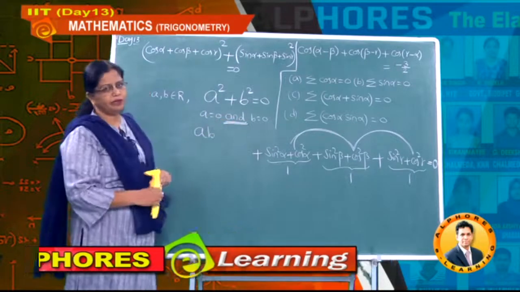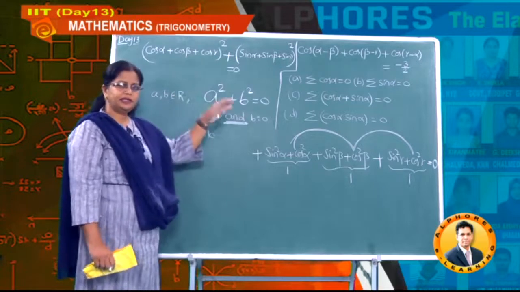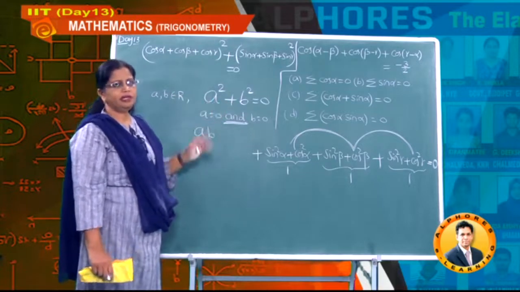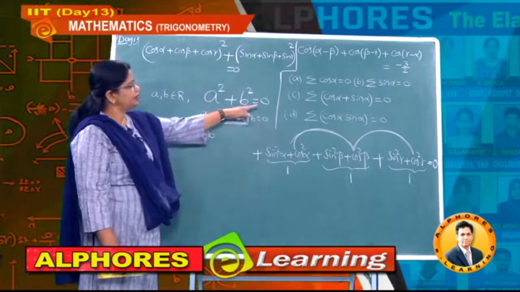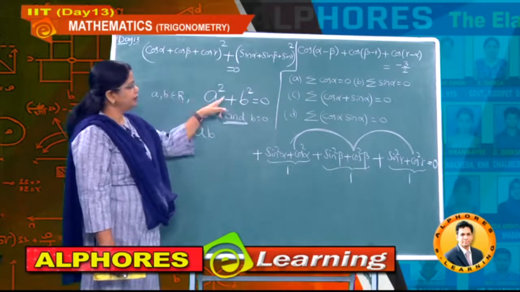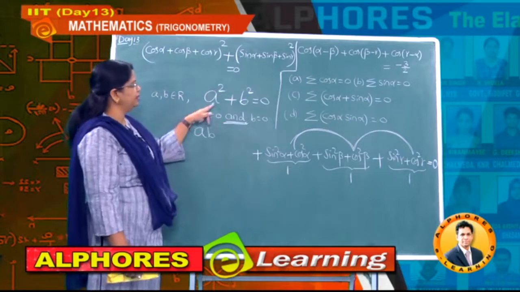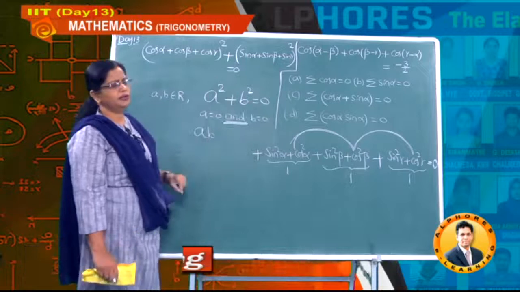This is important. This concept is not only for two, you can extend even to a finite number of sum of square values. Once you got 0, then whenever they are real numbers, the only choice is that each value must be 0. Then 0 plus 0 equal to 0.